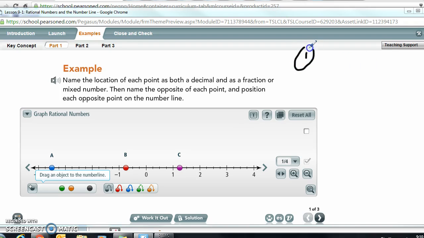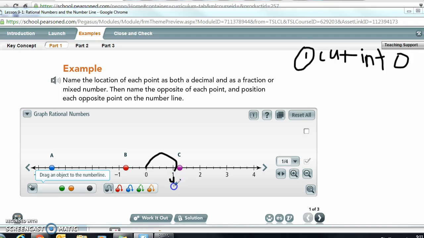Step 1 is I want you to identify how many times the whole is cut into. So I'm going to show you what I mean by that. If I look between 0 and 1, I want to figure out what they are cutting this number line into. I have 1, 2, 3, 4.